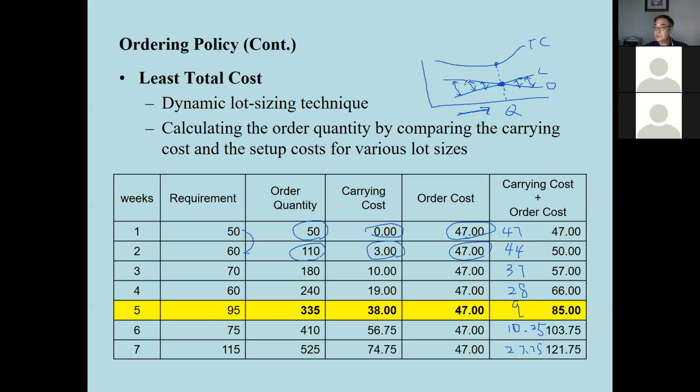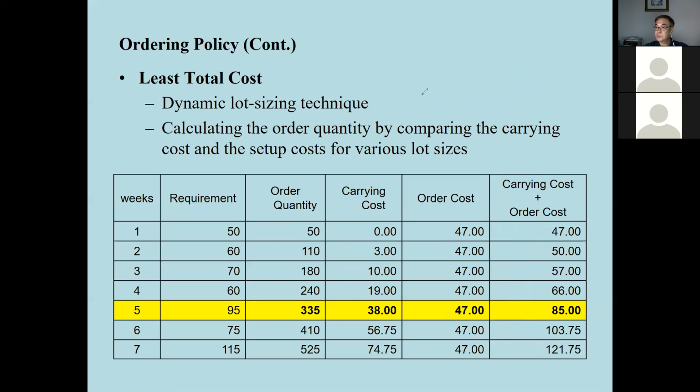So this difference decreases to a certain point near 0, and then increases. We don't know exactly when it is 0, but at a given order quantity the difference between carrying cost and order cost is smallest. So take this order quantity. If we use the least total cost policy, then 335 is the optimal order quantity.